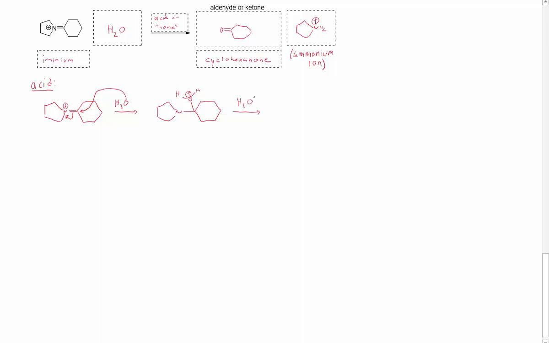Here's my water molecule. The water is going to act as a very weak base, the conjugate base of a strong acid. And so here's that strong acid that is generated when I use water as a base. The next step, if I'm aiming towards explaining getting rid of the nitrogen on this structure, is that the nitrogen needs to get protonated.